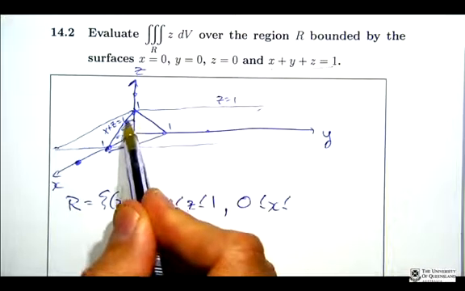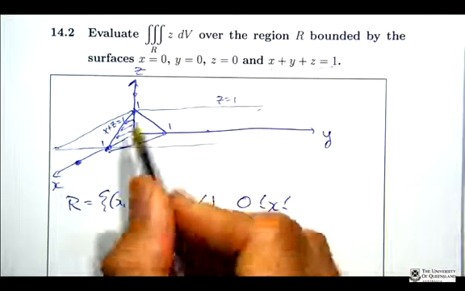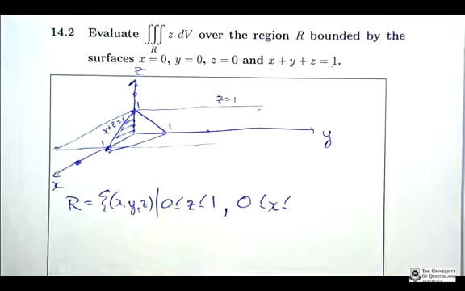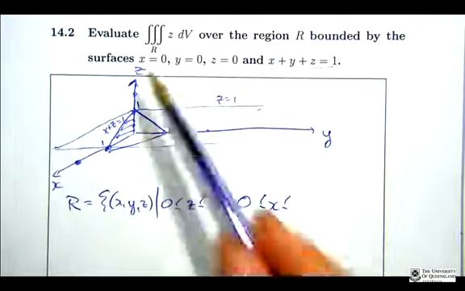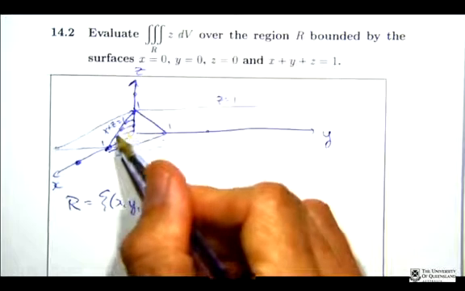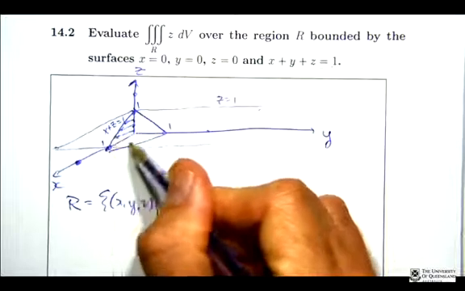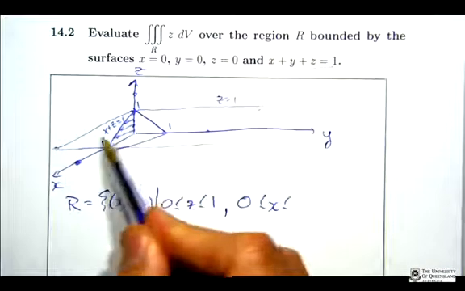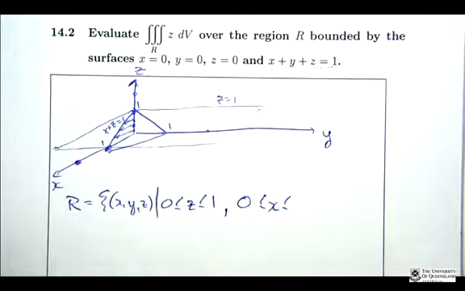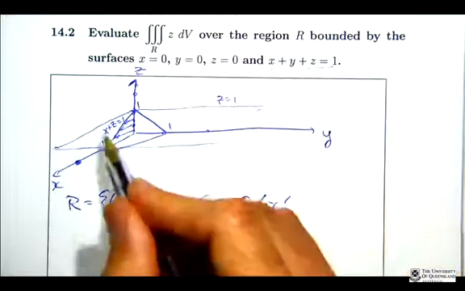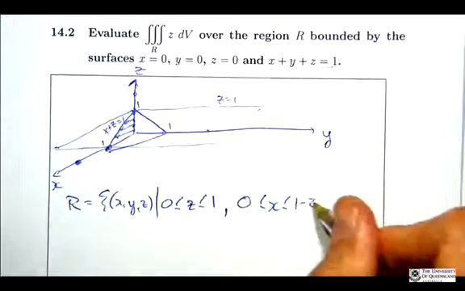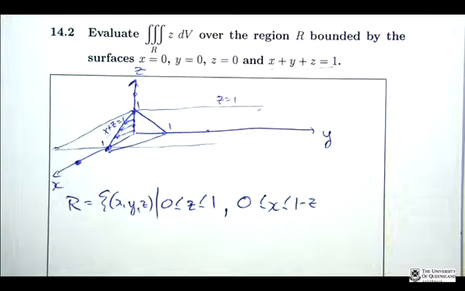On all these lines with little arrowheads, the minimum value of x always lies on the z-axis, and the maximum values for x, in this triangle in the xz plane, always lie on the line with equation x plus z equals 1. I want to rearrange that so it's in the form x equals some function of z, so x equals 1 minus z. Now I've got these two sets of bounds for the variables z and x.